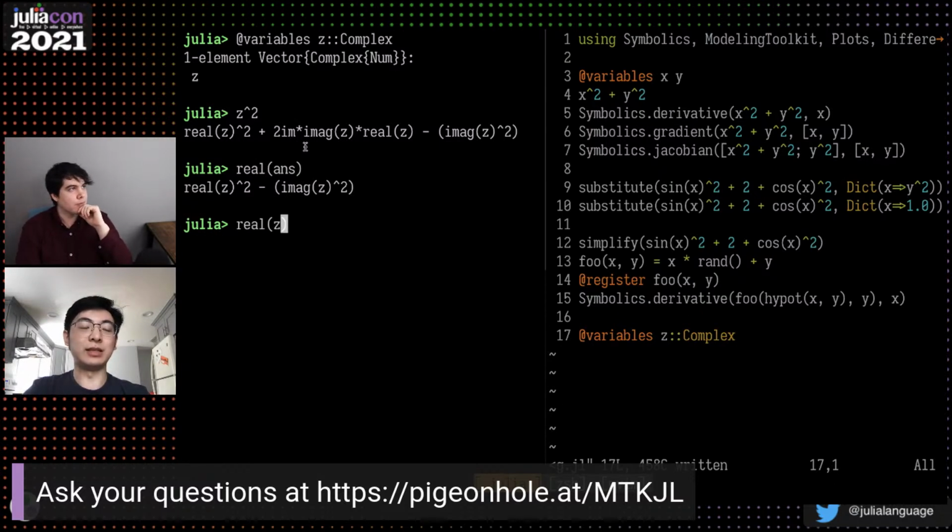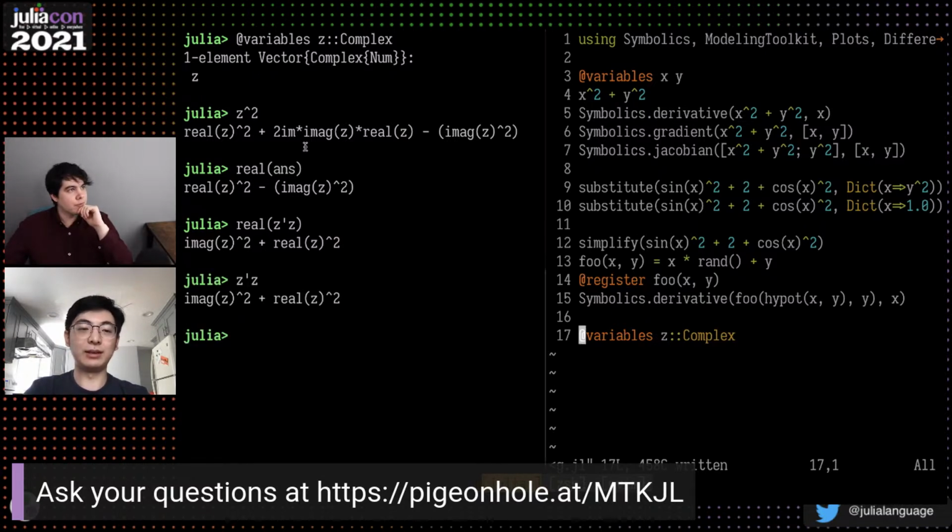Also, we can do z conjugate z, which, as expected, is just going to be the length of the complex number. So even without taking the real part, that would be just a real number.